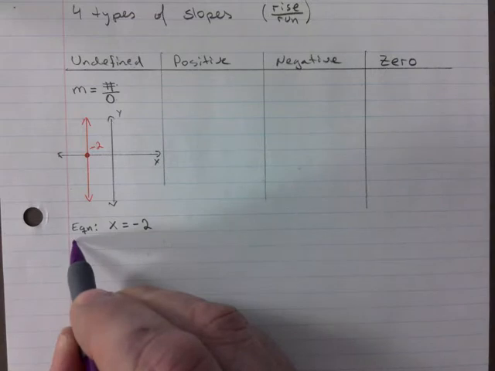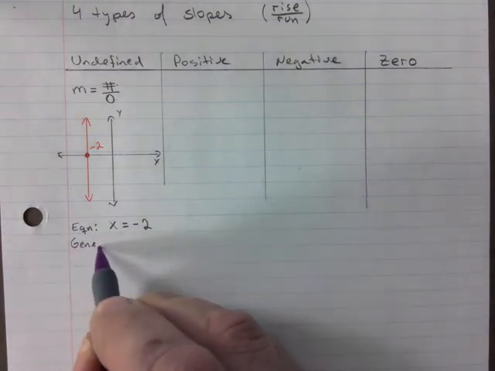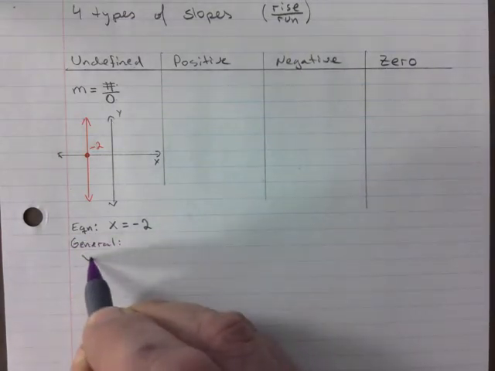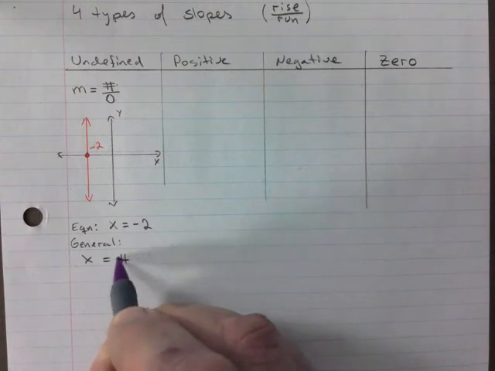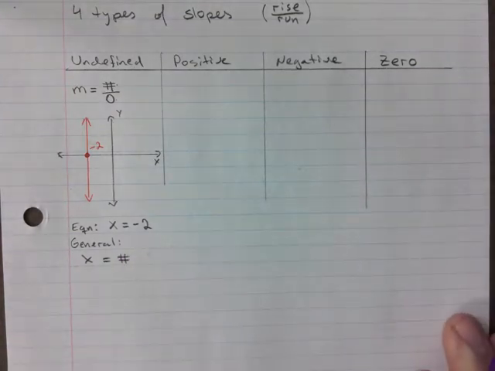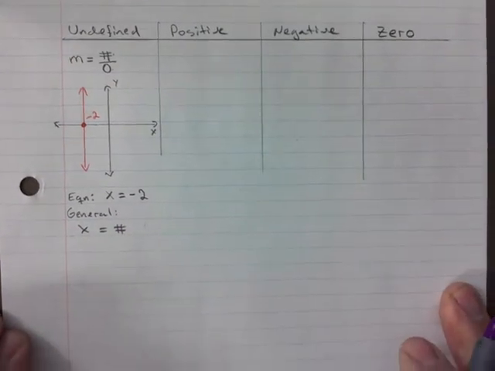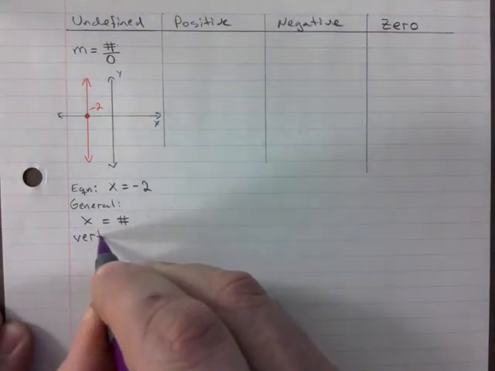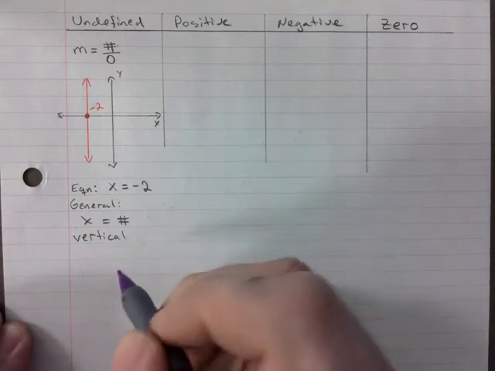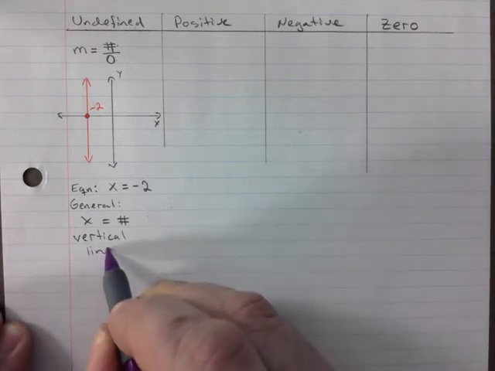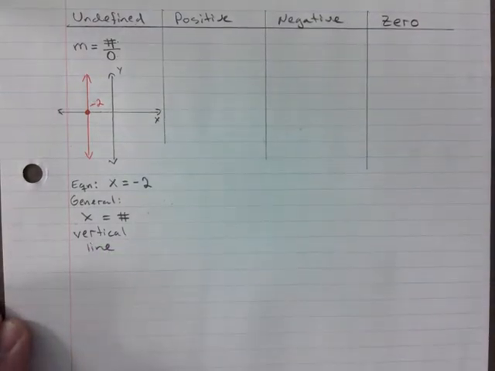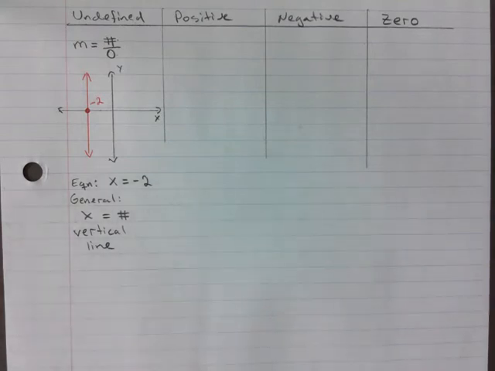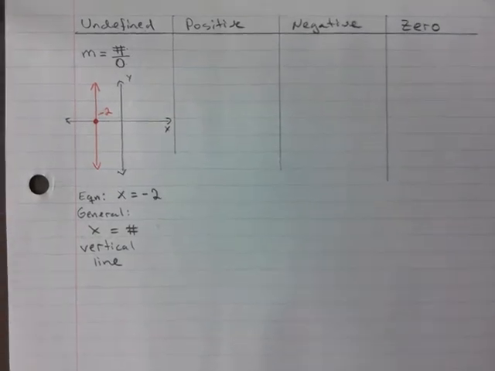In general, a vertical line is x equals a number, and it's always a vertical line. I hope you can see that, but there it is.